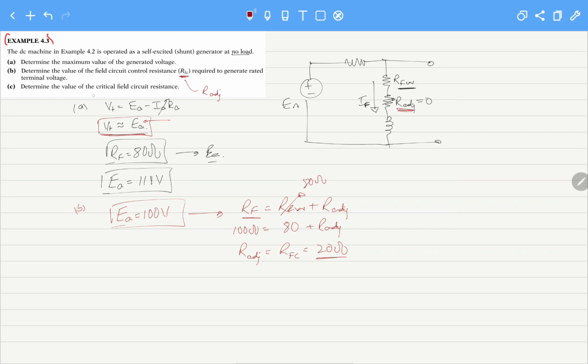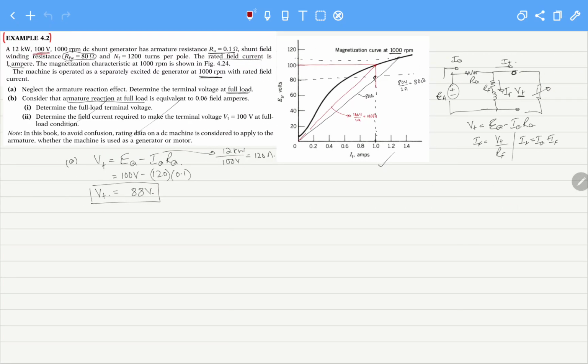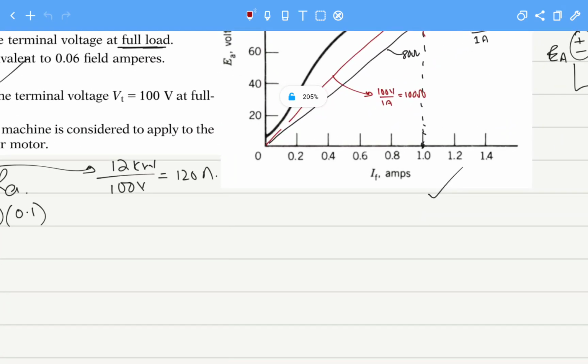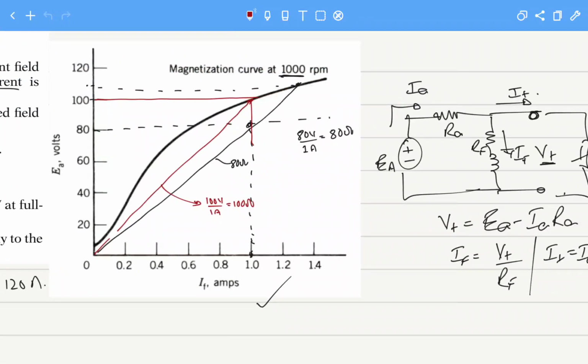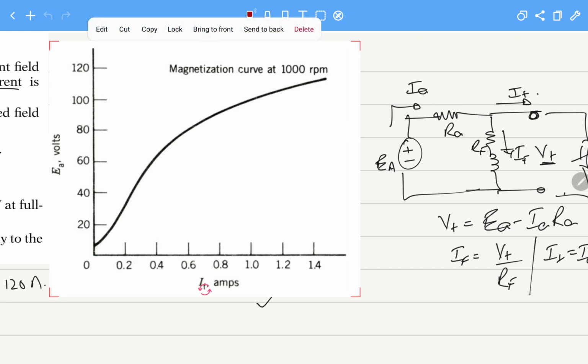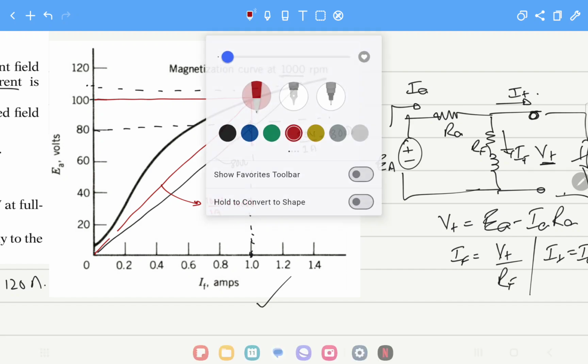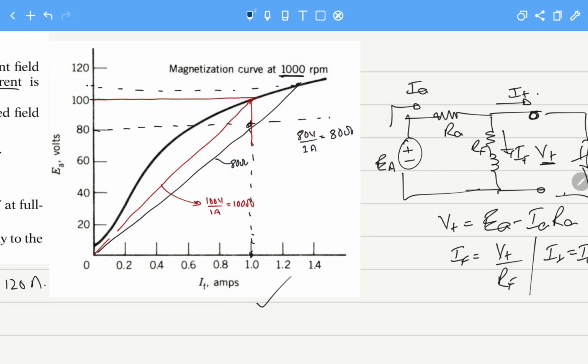And the last question is to determine the value of the critical field circuit resistance. Now the critical field circuit resistance for a self-excited or shunt generator is found when we draw a line, let's make it blue, that is parallel to the linear part of the curve.